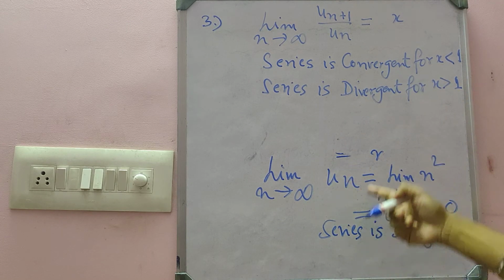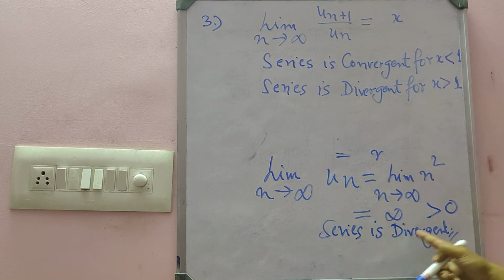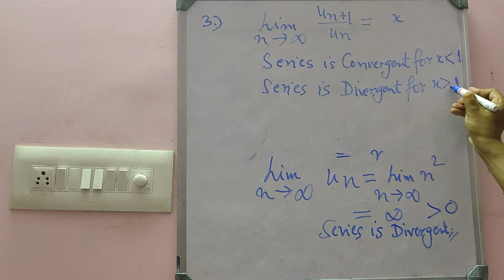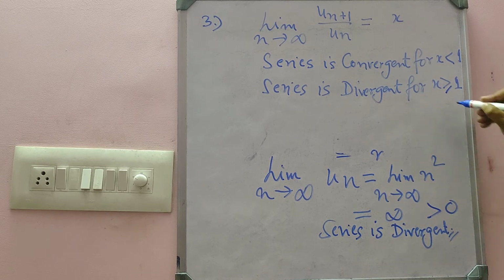And we found that if x equal to 1, also the series is divergent. So x greater than or equal to 1 sign we will give. That is your final answer. Next problem we will take.